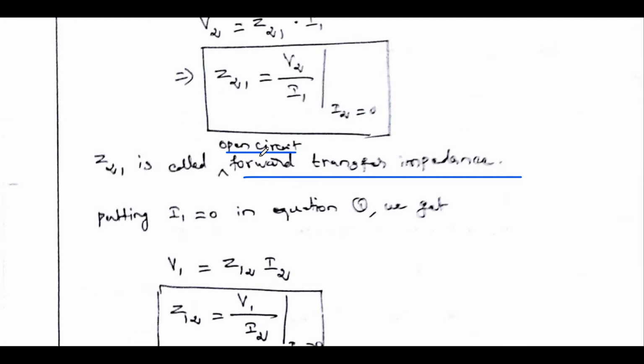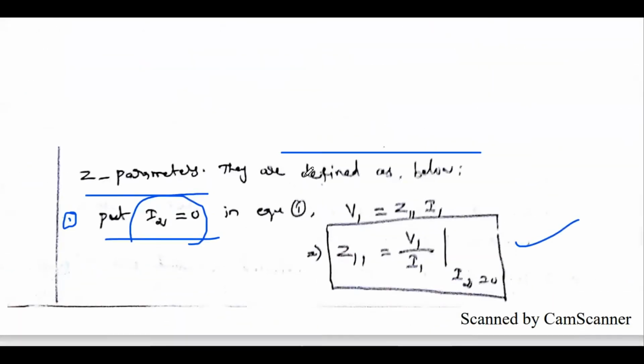And why is it called forward transfer? Z21 is a ratio of output voltage by input current, the voltage measured in the second port divided by the input current. So it is called the forward transfer impedance. Okay, so what is Z11?